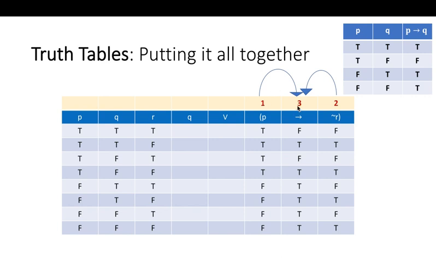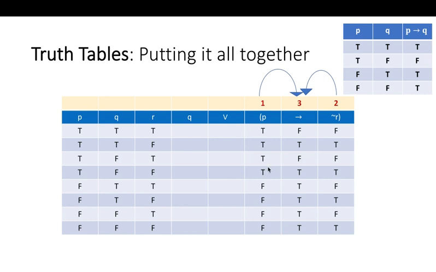Now those 2 are going to feed into the if-then column, the conditional, underneath the arrow. And I put the conditional truth table up here for your reference. So remember this truth table. So P is true and not R is false. True, if true, then false. If true, then false is false. If true, then true is true. True, true, true.